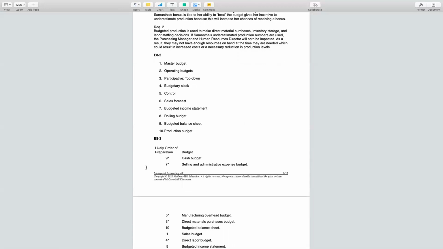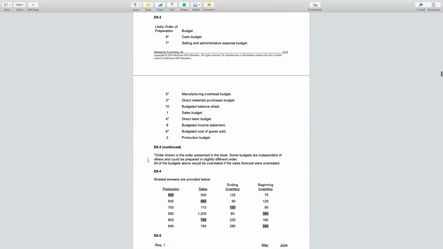Okay, so number 3. What's the order in which they're prepared? Well, the sales budget comes first, number 1. The production budget is second, that's number 2. Within the production budget, you have direct materials, direct labor, and manufacturing overhead. That's number 3, number 4, and number 5. Next comes the budgeted cost of goods sold, because when you add all of those things together, you get the budgeted cost of goods sold, number 6.